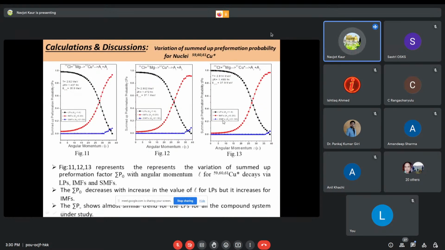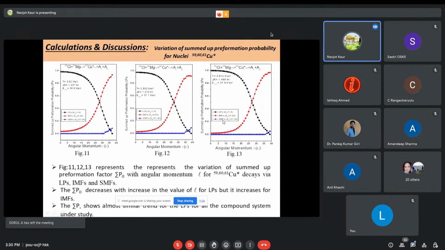So next we have the variation of summed up preformation probability for the nuclei 59, 60, 61 copper. Figures 11, 12, 13 represent the variation of summed up preformation factor with angular momentum for 59, 60, 61 copper decays via light particles, intermediate mass fragments and symmetric mass fragments.